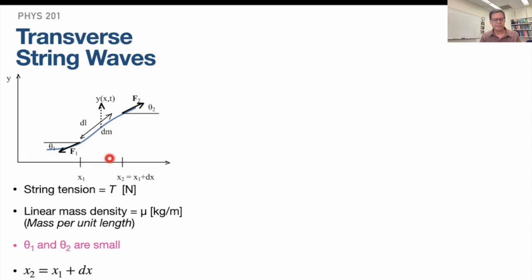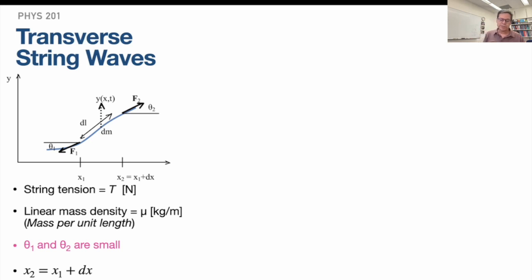But we'll pluck it in the vertical direction, which I'll call the y direction. And that's the displacement that will propagate down the string. It's a transverse displacement. String waves are transverse, meaning the displacement is perpendicular to the direction of motion. If it's moving in the x direction, the displacement's in the y direction. This is in contrast to, say, longitudinal waves, which are in the same direction.